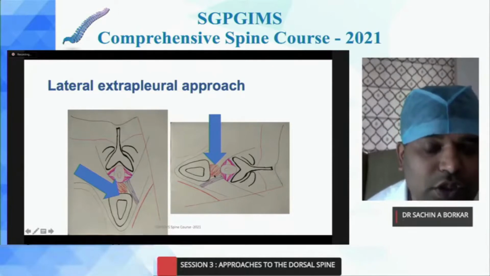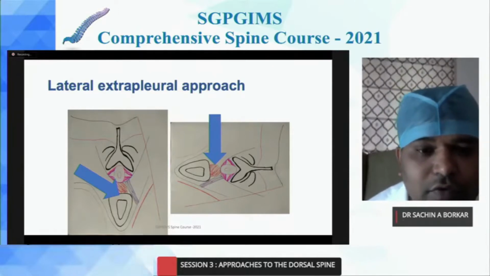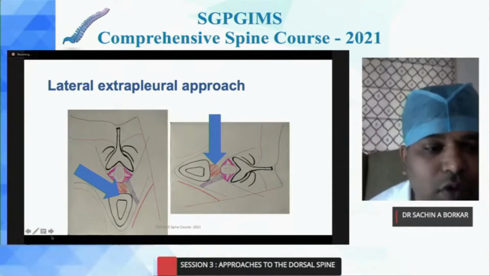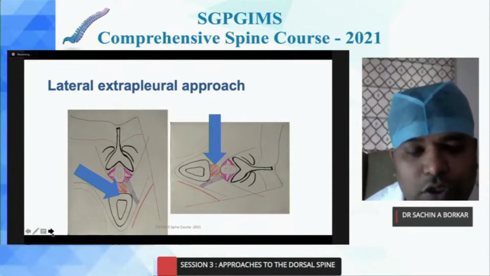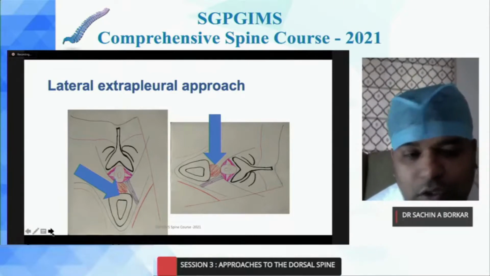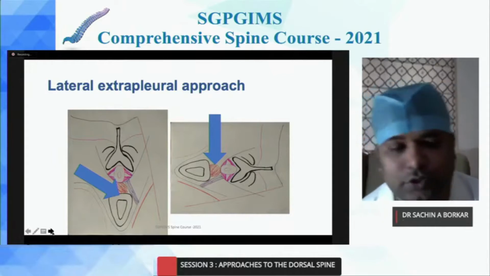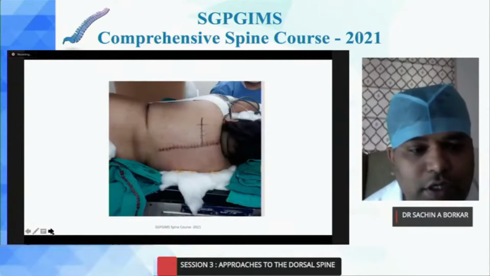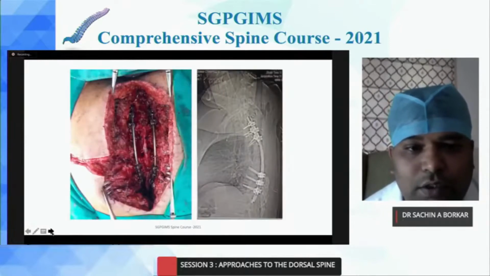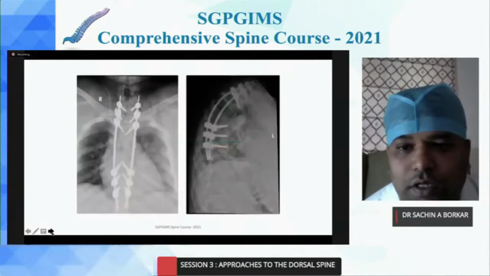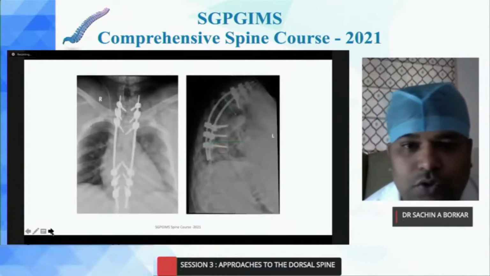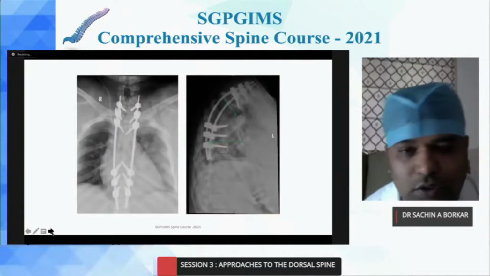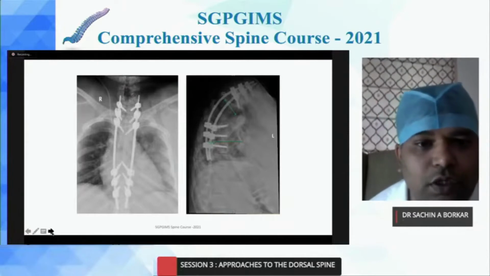So this is just one modification of a lateral extracavitary approach, which is a lateral extrapleural approach, which is usually done in lateral position, which is helpful in safeguarding the patient. This is what is done in lateral position. And in the same patient, we could correct almost 50 degrees of kyphosis, from 96 to 50.